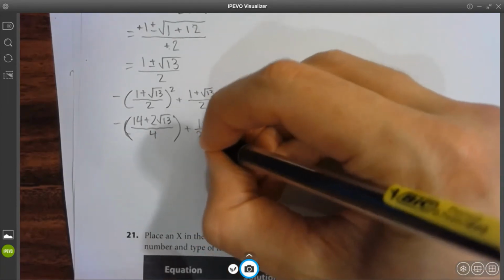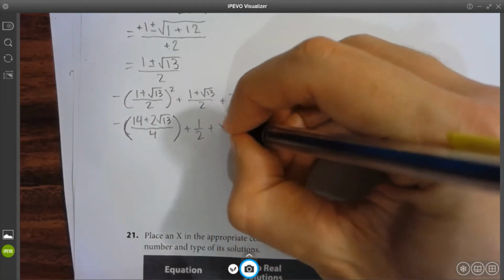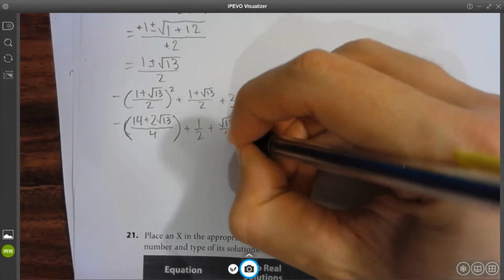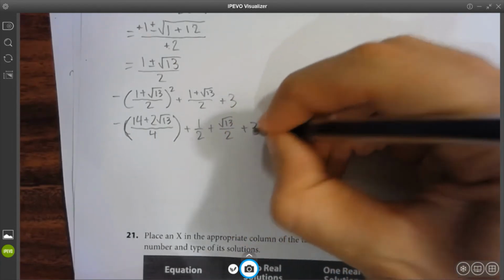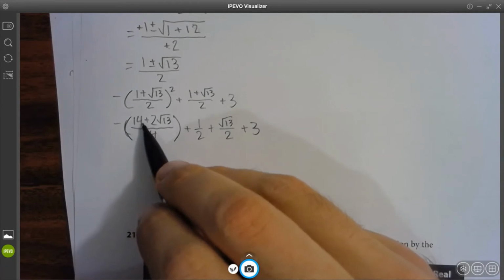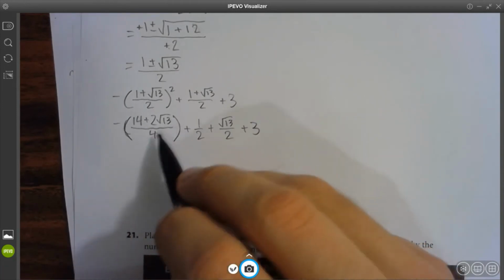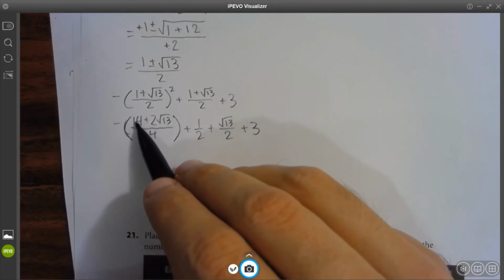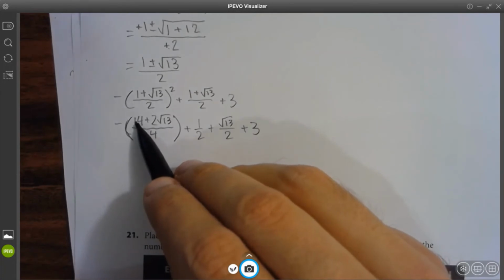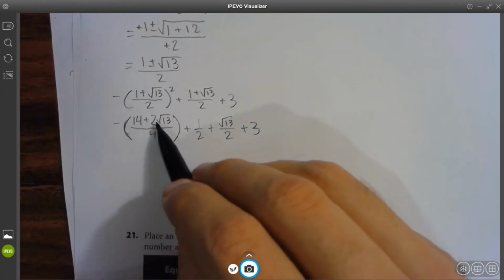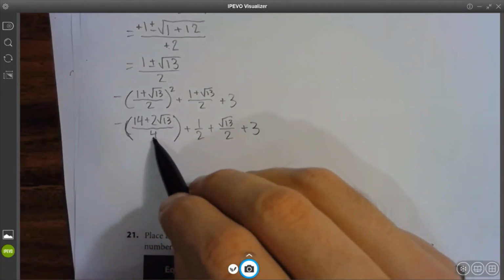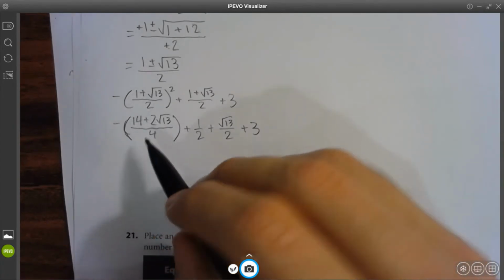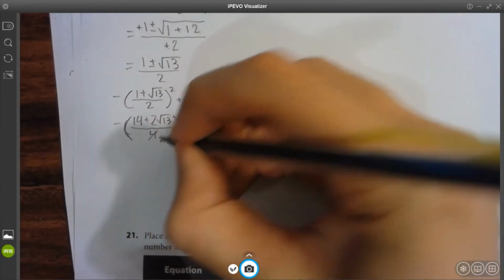So I'm just going to call this 1/2 plus root 13 over 2 plus 3. And let's do some simplifications at the same time that we're breaking it into 2 fractions. So we can see that 14, that's even. This, that's even. That's even. So I could divide all of these things by 2. So this becomes 2.